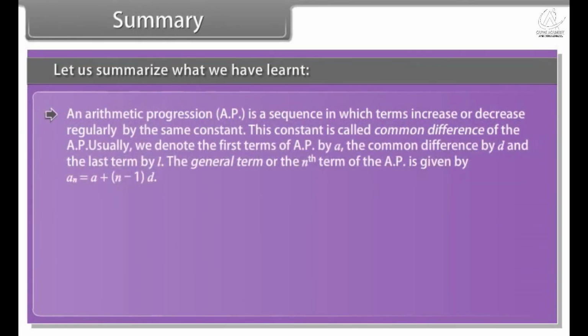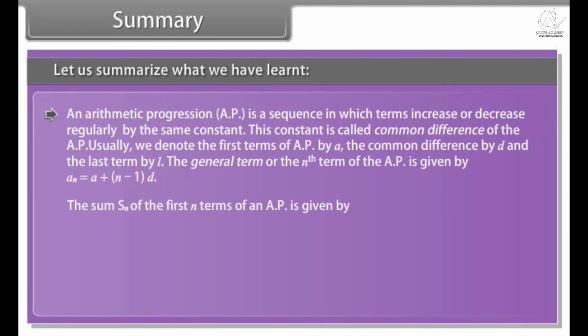An arithmetic progression, AP, is a sequence in which terms increase or decrease regularly by the same constant. This constant is called the common difference of the AP. Usually we denote the first term of an AP by A, the common difference by D and the last term by L. The general term or the nth term of the AP is given by a formula, as is the sum Sn of the first n terms of an AP.